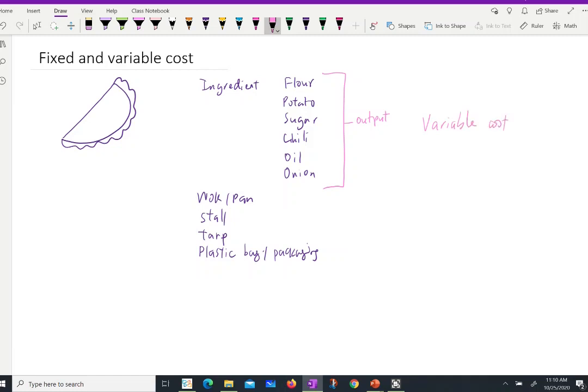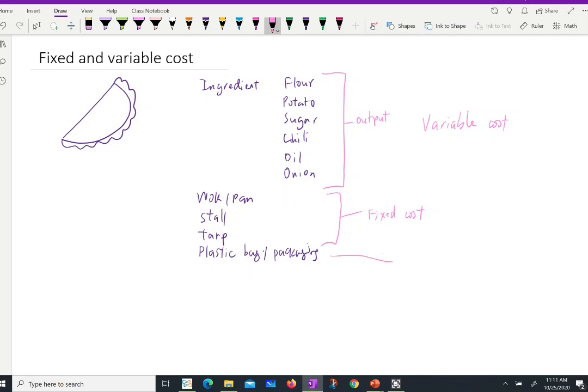What about the wok, the store, and so on? The cost for these items is not necessarily influenced by the amount of production. If you want to sell 100 pieces of curry puff, or if you want to sell 50 pieces, you need to buy all these things. So we consider this a fixed cost.